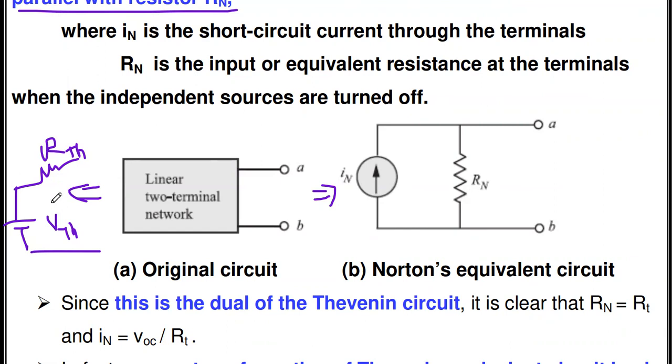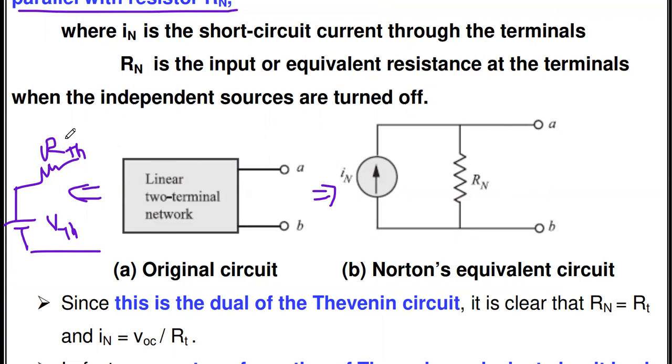Once you have calculated the Norton's equivalent model, we can draw the Thevenin's equivalent model using the source transformation technique. If a voltage source is in series with a resistance, we can replace it by a current source in parallel with the same resistance. Here the RTH and RN values remain the same.